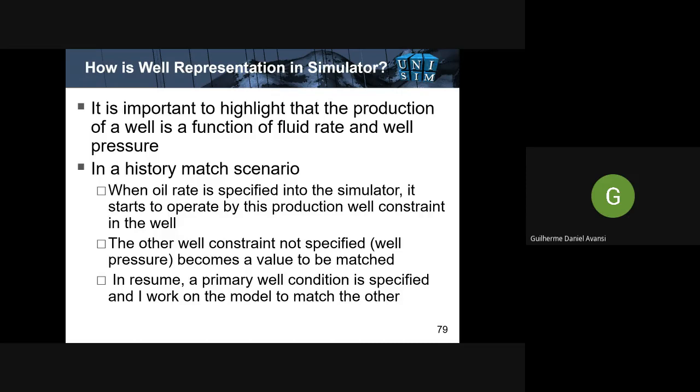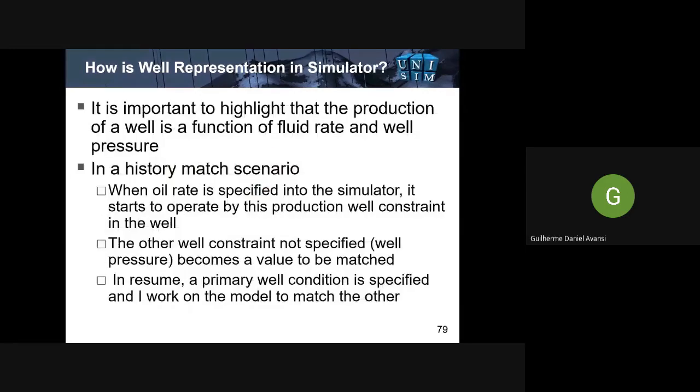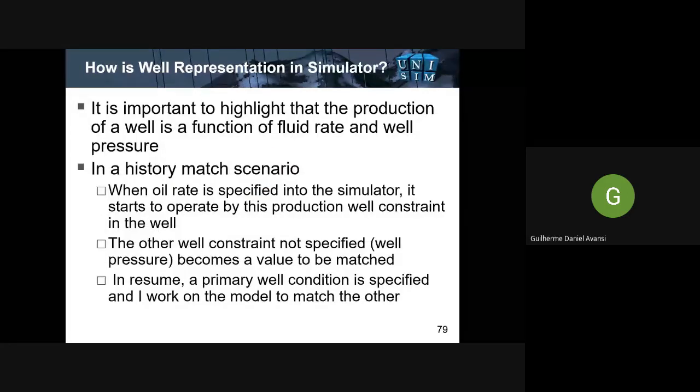When this information is not informed, we just solve, replacing this information by the information that we have. And then we can change this to a primary well condition and work the model in order to match the other. I'm talking about a primary condition because I'm using this information as the primary information in order to solve all the equations.